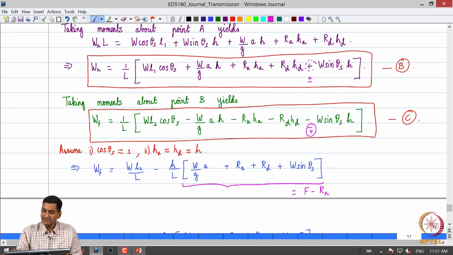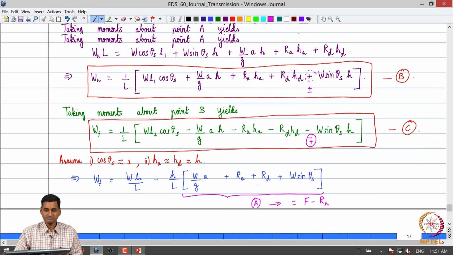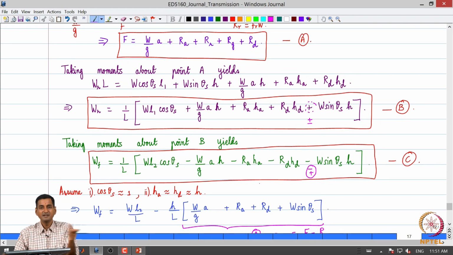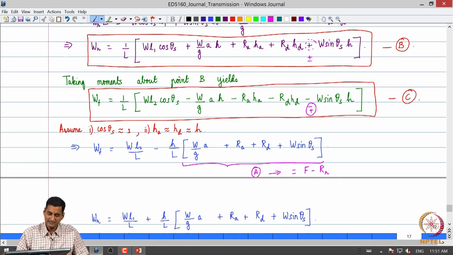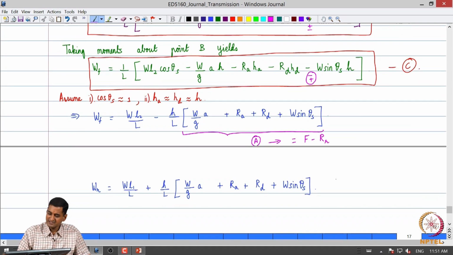How do I get this? From equation A, if you take RR to the other side, whatever is remaining on the right hand side is what we find in the square bracket. So, this becomes F minus RR. This also becomes F minus RR.